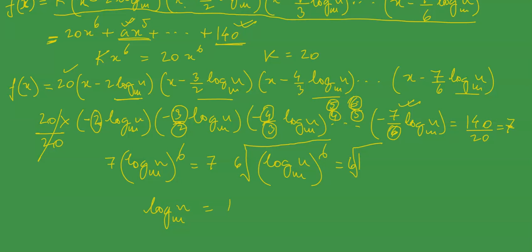If we convert this to an exponential equation, what do we get? We get m to the power of 1 is equal to n, which means m is equal to n. Okay, so we have shown that m is equal to n, or n is equal to m.